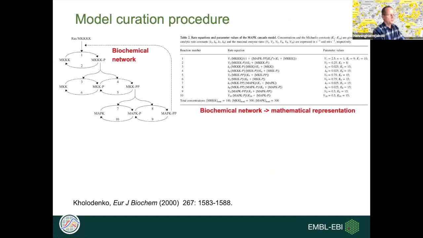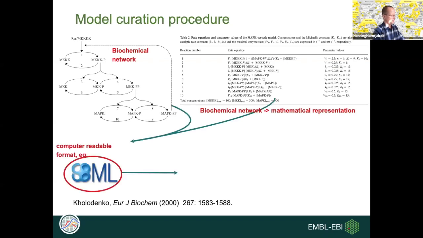This network is then represented in a set of mathematical equations and associated data, in particular constants and concentrations for the model. And the formula might either be directly taken from the paper by the curator or submitted to us as an already prepared direct model submission.